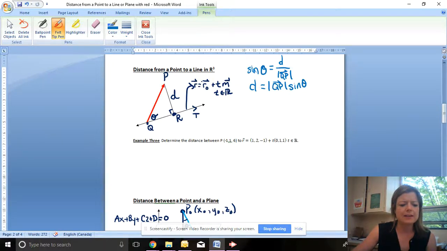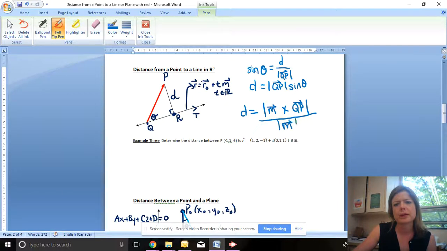Now if we take this further, we will remember that the cross product can be used. So basically this boils down to the distance being equal to the magnitude of the cross product of the direction vector crossed with QP, where Q is the point on the line, all over the magnitude of the direction vector. You can prove why this is true by looking at the textbook if you'd like, or just memorize the formula. It's kind of your choice at this point.